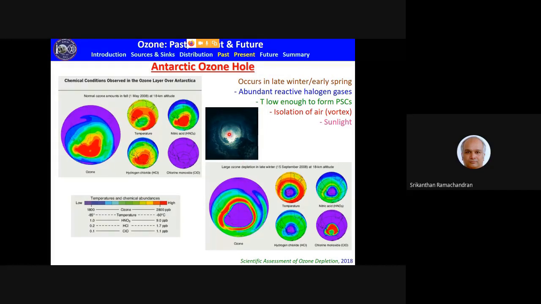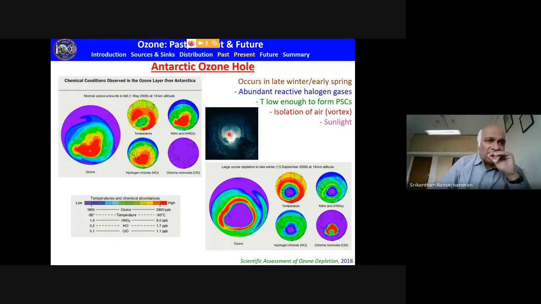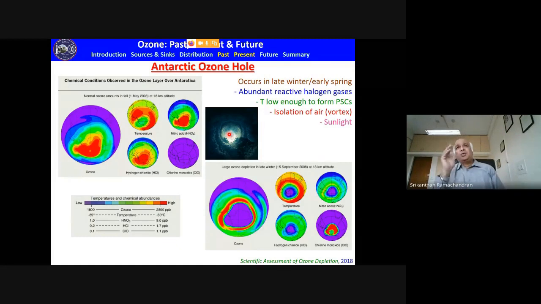And as you know, sunlight is available only for 6 months in a year at the high latitudes, and then it is all darkness. So as soon as the sunlight comes and ozone is formed, these are waiting to catch a prey, to catch the ozone and start depleting.